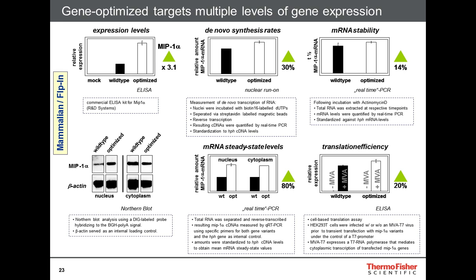And overall, of course, the translational efficiency was 20% higher, so that means that the mRNA, once it is there, the efficiency of turning this into a protein on the ribosome was also 20% higher as compared to the wild type, maybe due to the elimination of secondary structures in the mRNA.